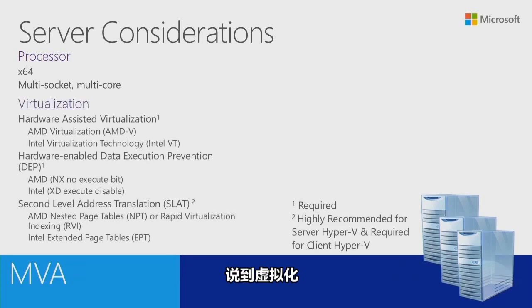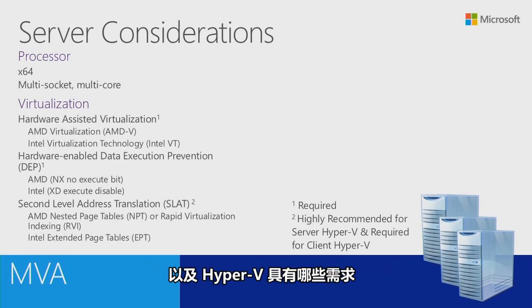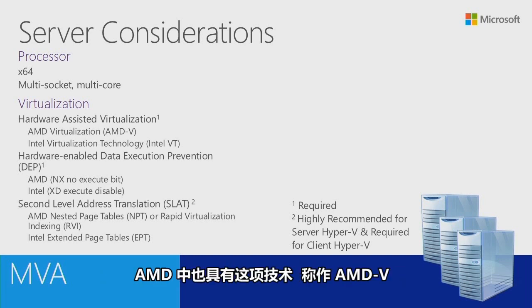When it comes to virtualization, let's talk about what's required in terms of the actual hardware and what Hyper-V's requirements are. First of all, we need hardware-assisted virtualization. The good news is this is technology that's been around since 2005, late 2004. It was in even the Pentium 4s. Intel calls it Intel VT, Intel Virtualization Technology.